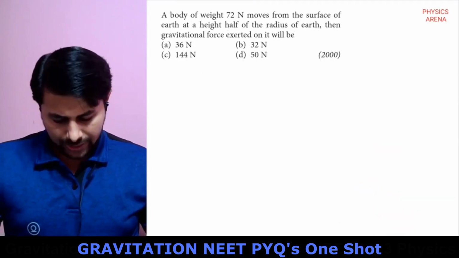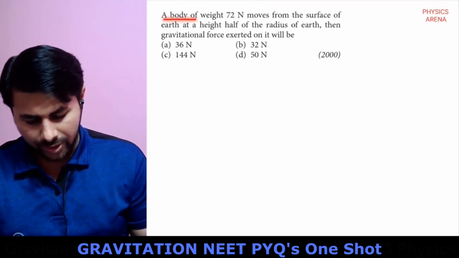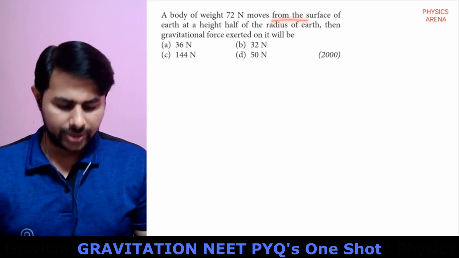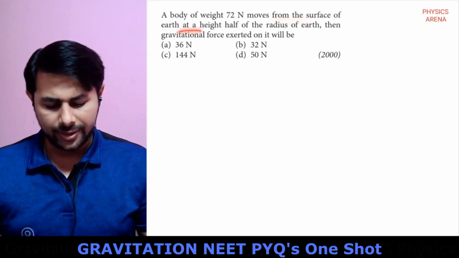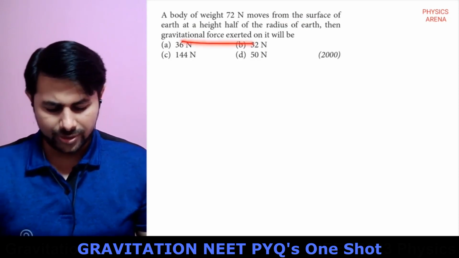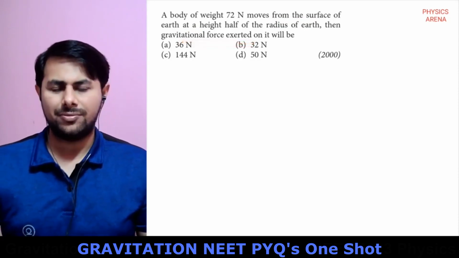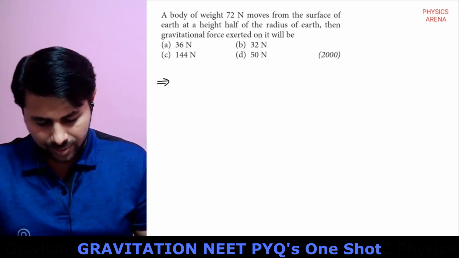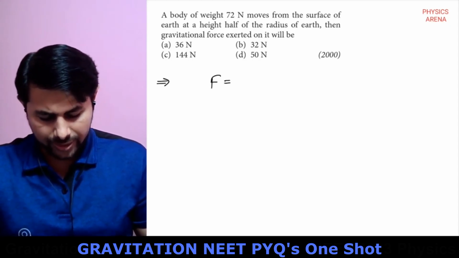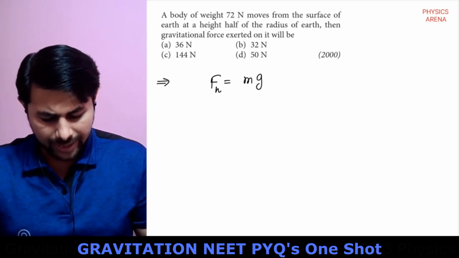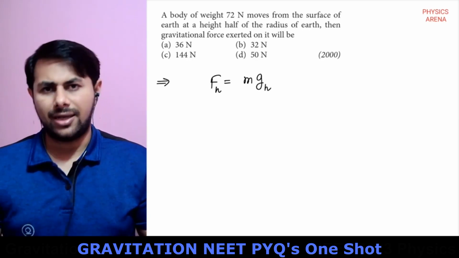Then let's see the next question. A body of weight 72 Newton moves from the surface of the earth to a height of half the radius of earth, then the gravitational force exerted on it will be. So gravitational force at height h is equal to mass multiplied by acceleration due to gravity at that height.